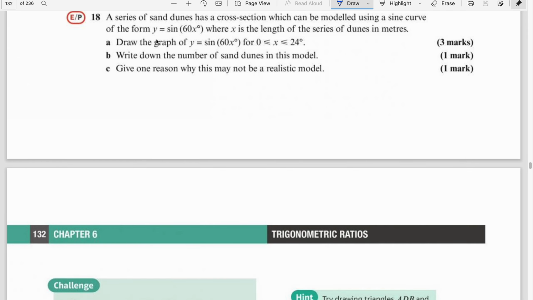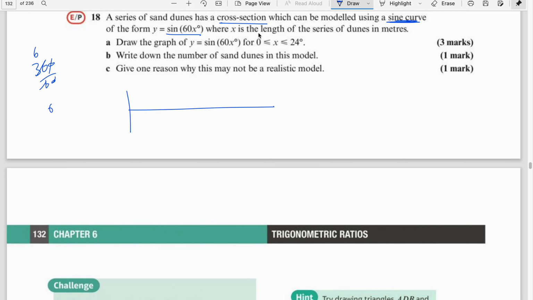Question number 18. A series of sand dunes had a cross section which can be modeled using sine curve of the form sine 60x degrees, where x is the length of the series of dunes in meters. Draw the graph of sine 60x from 0 to 24. So 360 by 60, it ends in 6 degrees.